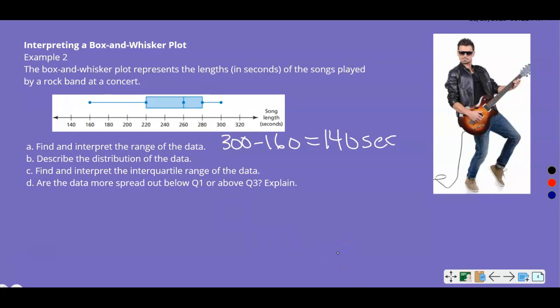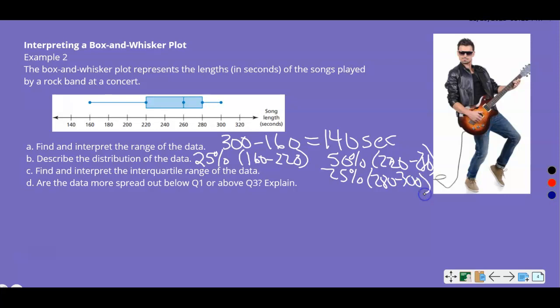So we can say 25% from 160 to 220, and we know 50% falls between 220 and 280, and another 25% falls in the upper quartile, which is 280 to 300.